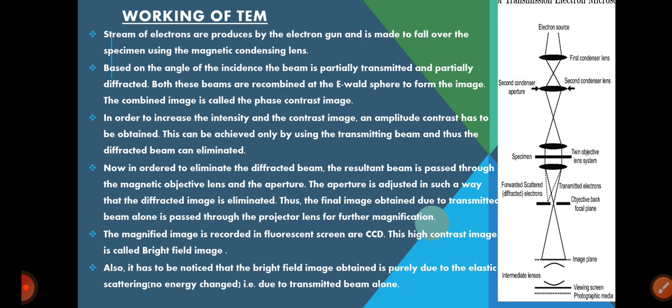Next, after the aperture we keep a projector lens for further magnification, and in front of the projector we keep a photographic screen. On that screen we get a contrast magnified image, the bright field image. So this is the transmission electron microscope.